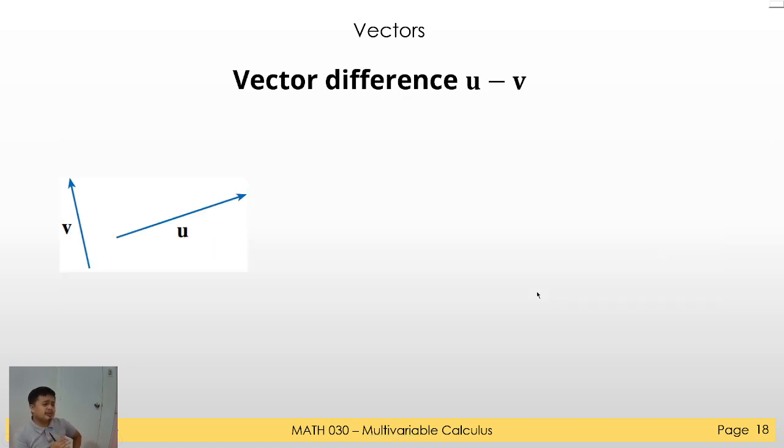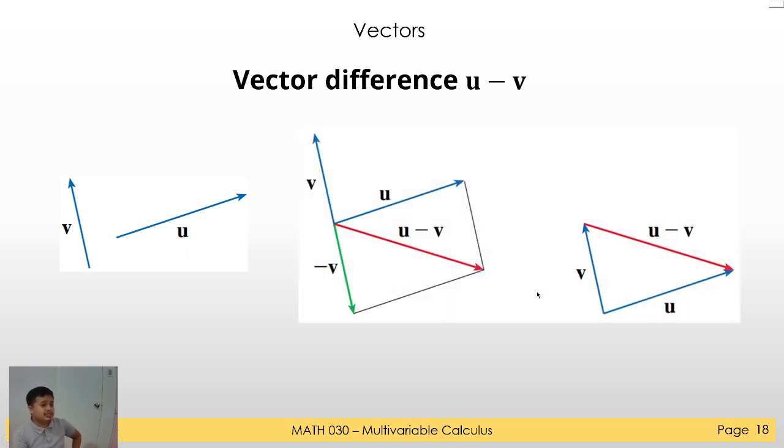Now, how do we find the vector difference of u and v? The visual representation of finding the difference between two vectors is similar to what we did last time, but before connecting the two vectors, we have to first find the opposite direction of your vector.